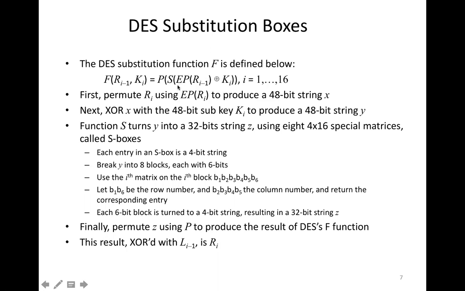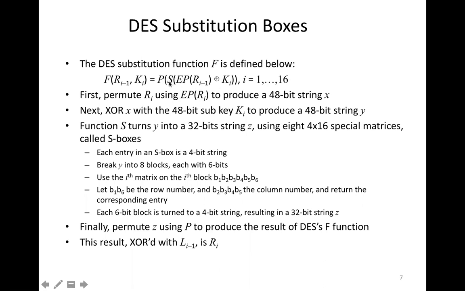Now after this operation, you have a 48-bit string, and then you first exclusive OR K sub I, and then you apply a substitution S. That will produce 48 bits.